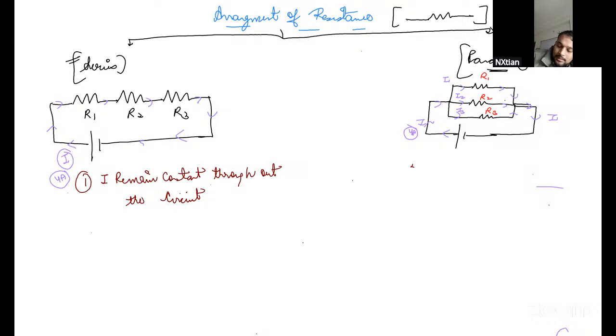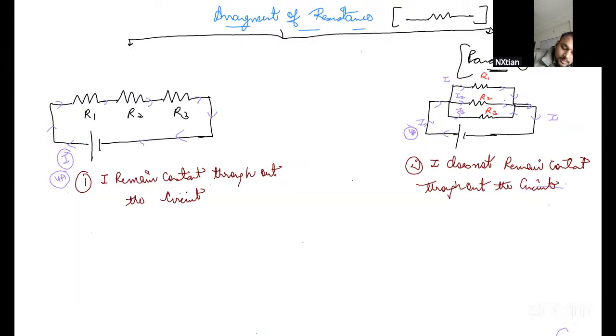But here, I does not remain constant throughout the circuit. So if I take this, I will write series here.